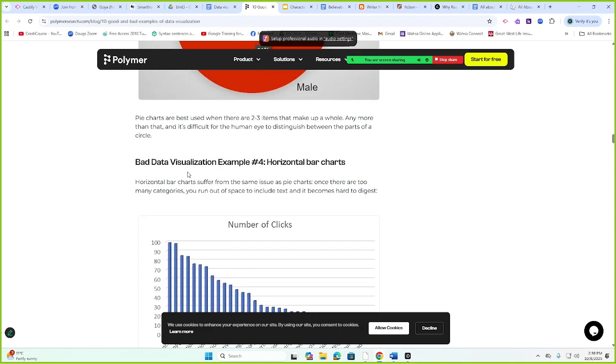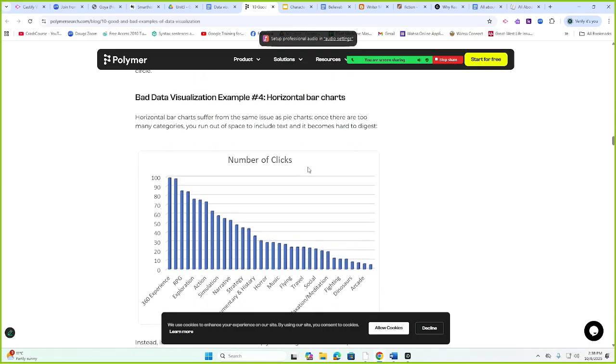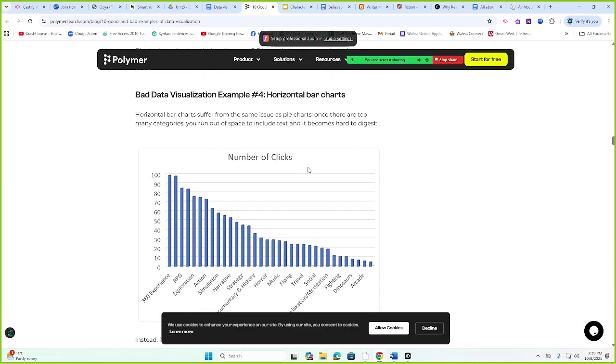Here's another example of bad data visualization, horizontal bar charts. Horizontal bar charts suffer from the same issue as pie charts. Once there are too many categories, you run out of space to include text and it becomes hard to digest.